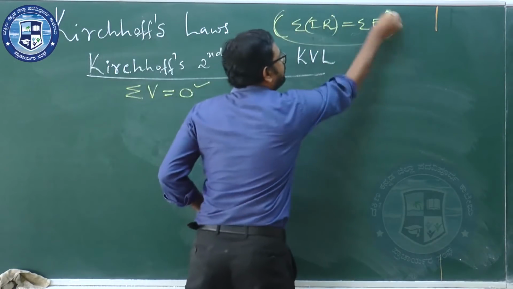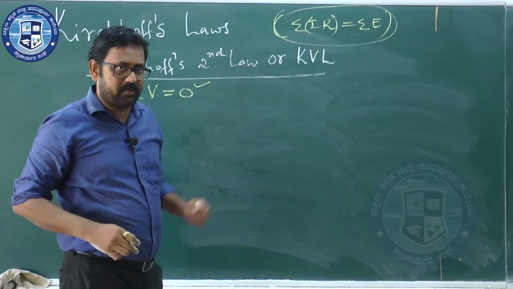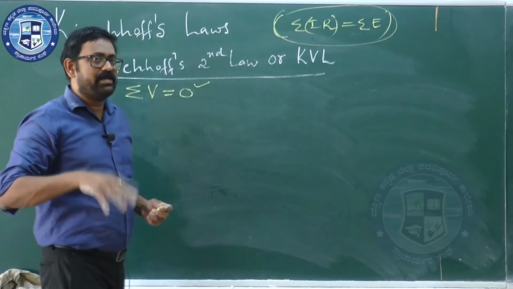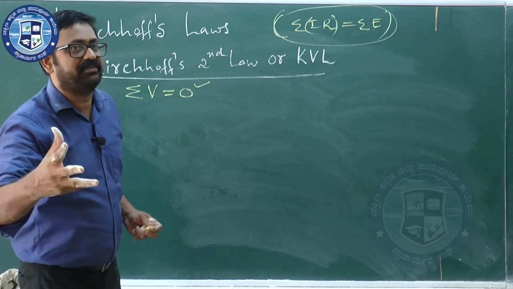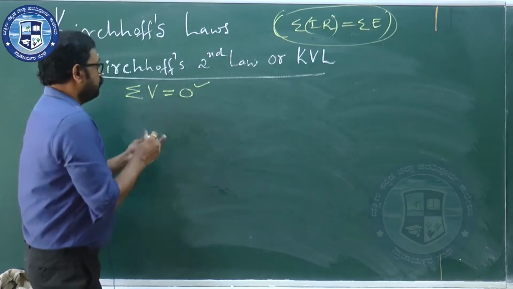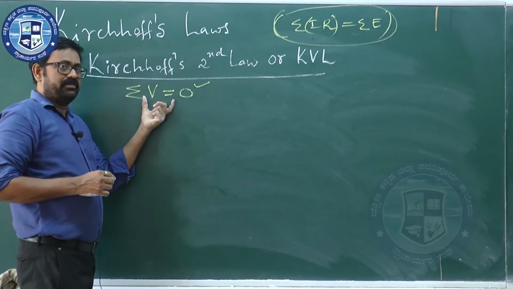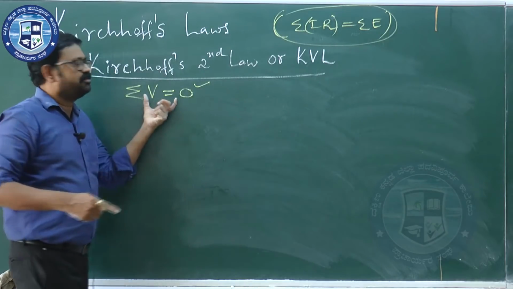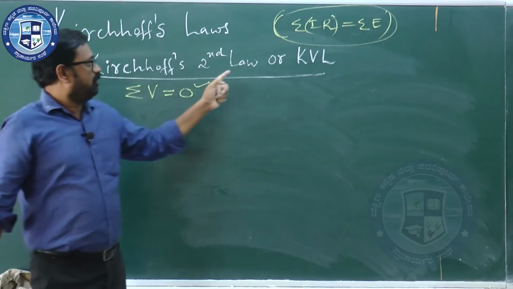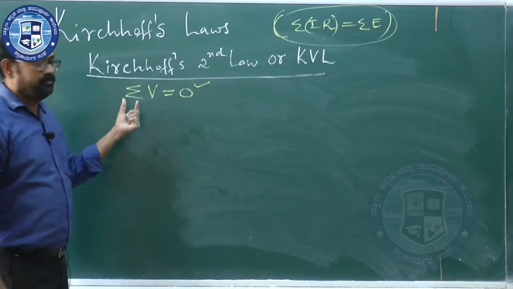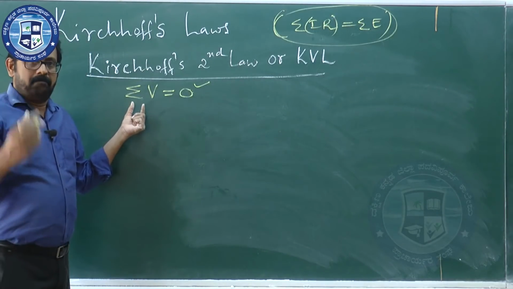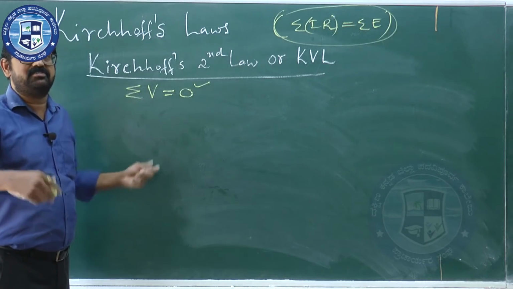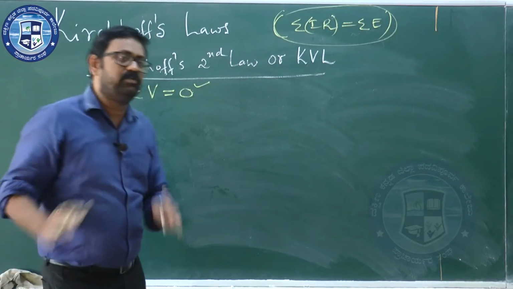If you are following this particular statement and that particular equation, the sign convention which we have to use in applying KVL to a mesh is slightly different. So I'll stick to this particular relation and I will explain the sign convention related to this. Kirchhoff's second law or Kirchhoff's voltage law states that the algebraic sum of the change in the potential around the circuit across the resistors and the cells is equal to 0.